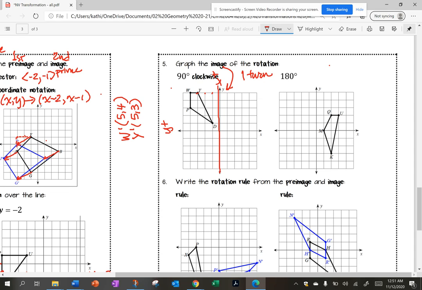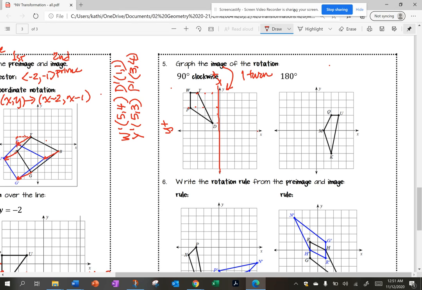D prime is going to be 1, 1. And P prime is 1, 2, 3, 1, 2, 3, 4, 3 and 4. So now I'm going to plot those points. So 5, 4.